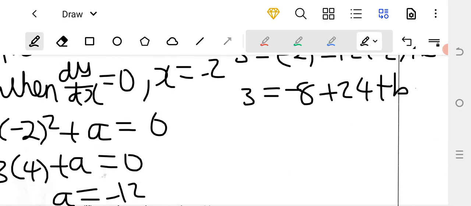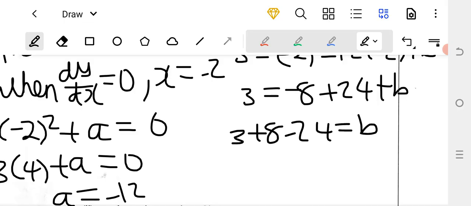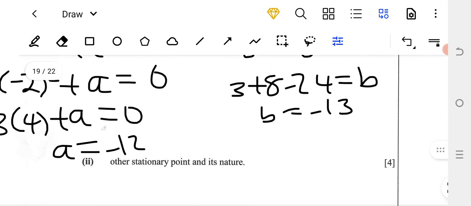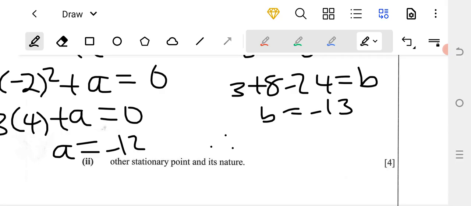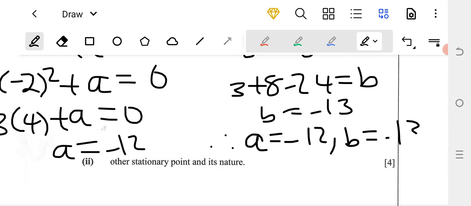It's going to be 3 plus 8 minus 24 is equal to b. 3 plus 8 minus 24 is negative 13. B is equal to negative 13. Therefore, a is equal to negative 12, b is equal to negative 13.